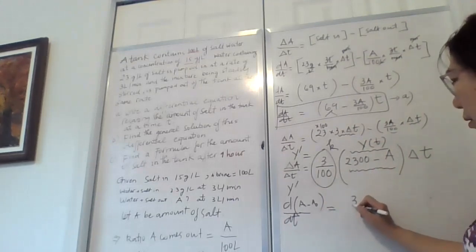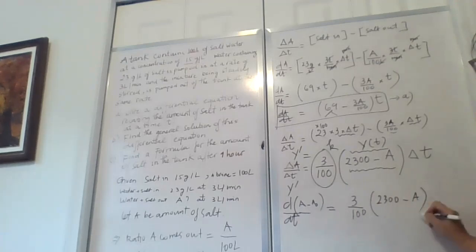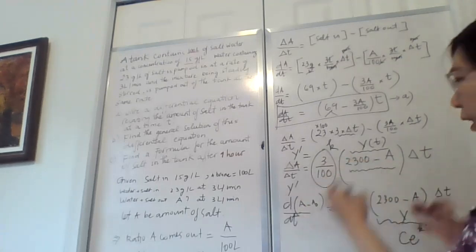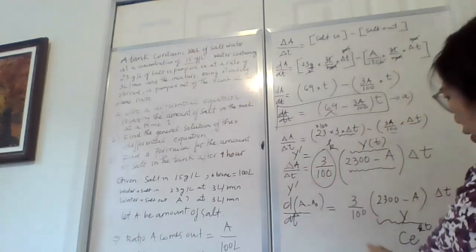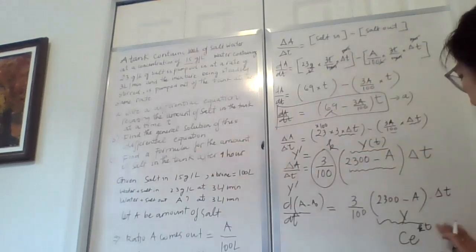So I'm going to write this in this form. And I'm going to change the whole thing here to become C e to the kt. That's our purpose, because this is the function of y. So remember, we just said if there is a derivative of this, then there will exist the original function y of this. We just went through the whole formula, right? Just accept that fact, right?